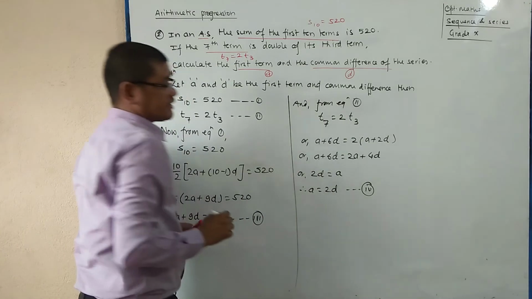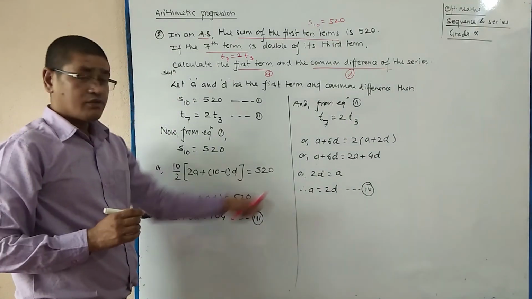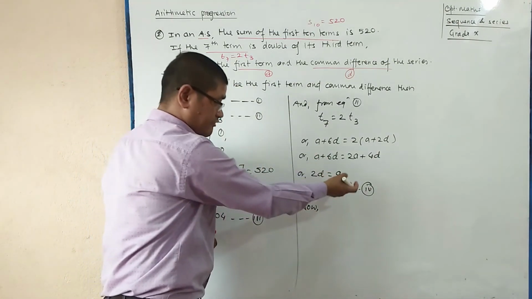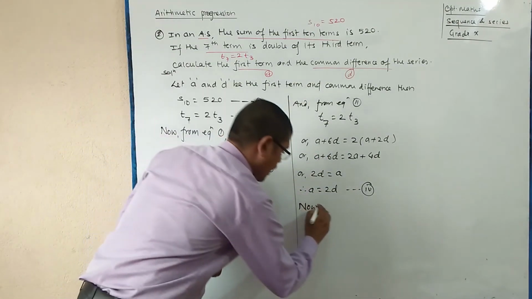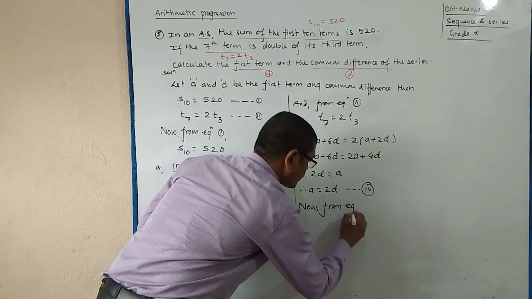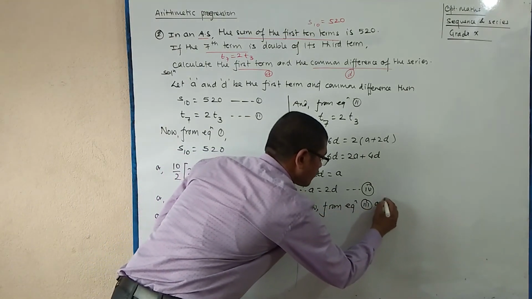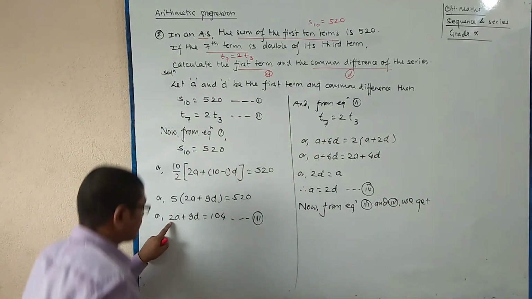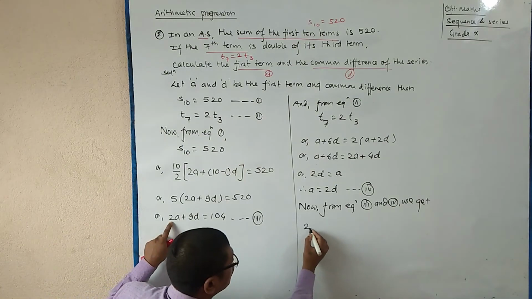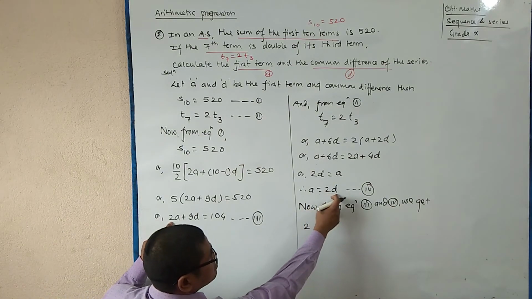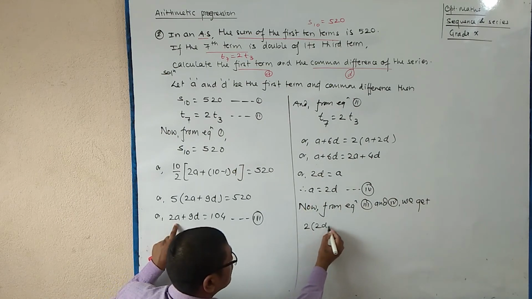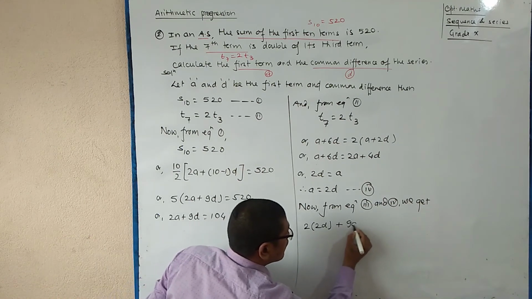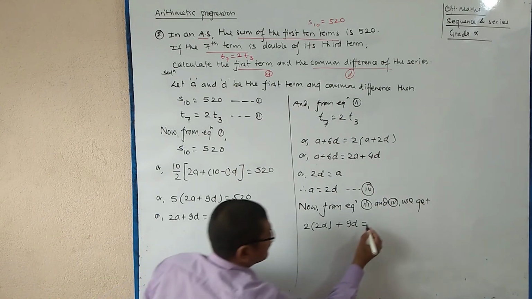Now from equations 3 and 4, substituting the value of a from equation 4 into equation 3, we get: see students, here we have twice a, so instead of a we are substituting 2d, so 2 times 2d, plus here we have 9d, and after that we have 104.